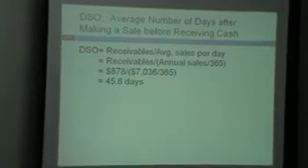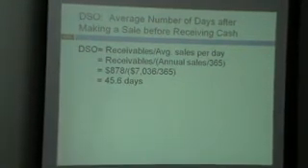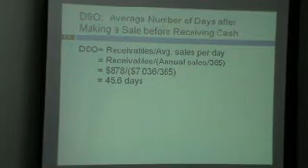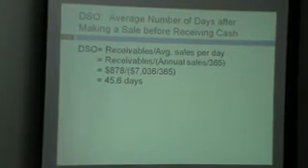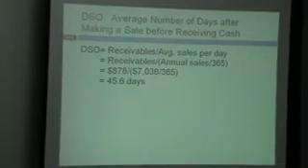Okay, days sales outstanding, DSO, that is the average number of days after making a sale before receiving cash. So you are selling on credit, how many days does it take you to get cash.